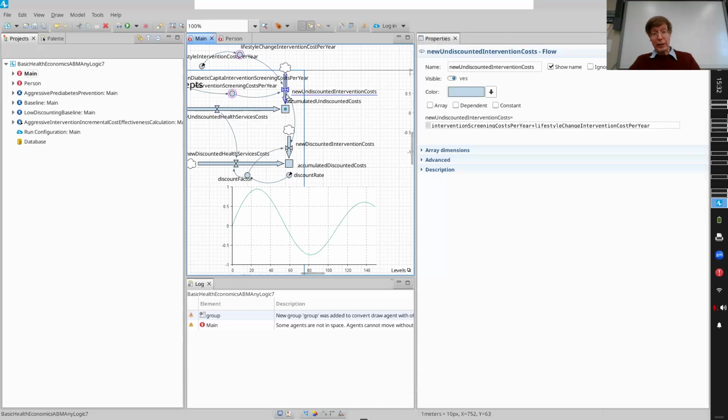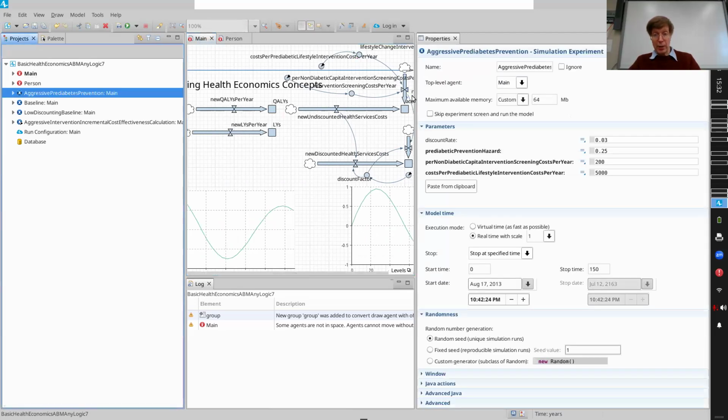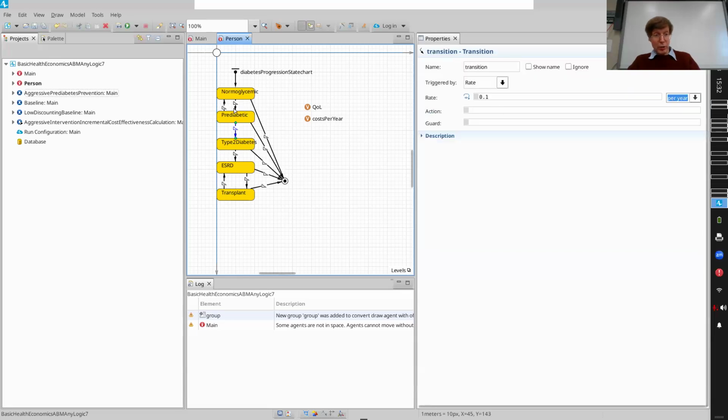There are additionally intervention costs, which I won't go into, but are costs related to interventions that we launch. So maybe we have an aggressive prediabetes prevention intervention, and that will lower the chance of people developing diabetes. So this is prediabetes progression; it will lower the chance that they get to the diabetic state.